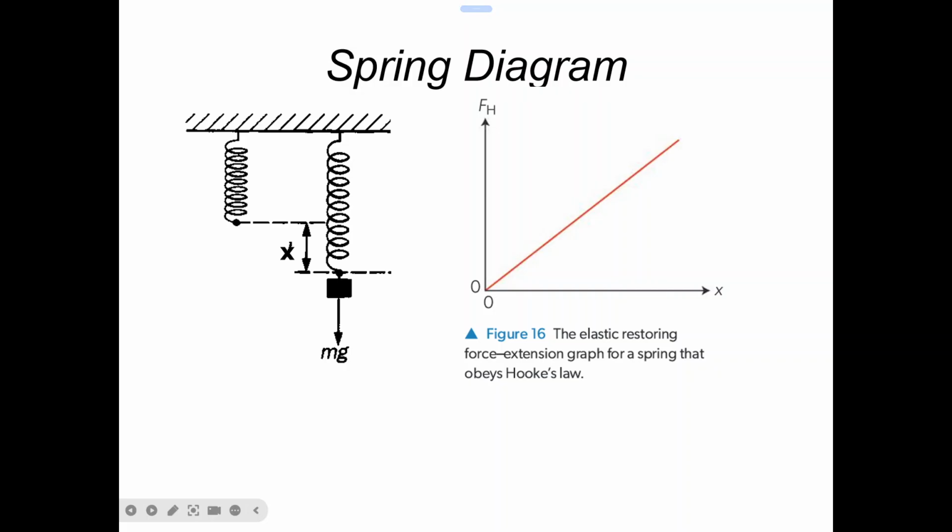And here, this graph shows the restoring force provided by the spring versus the extension of the spring, not the length of the spring. It is the extension. Now, Thomas, what can you tell from this graph?